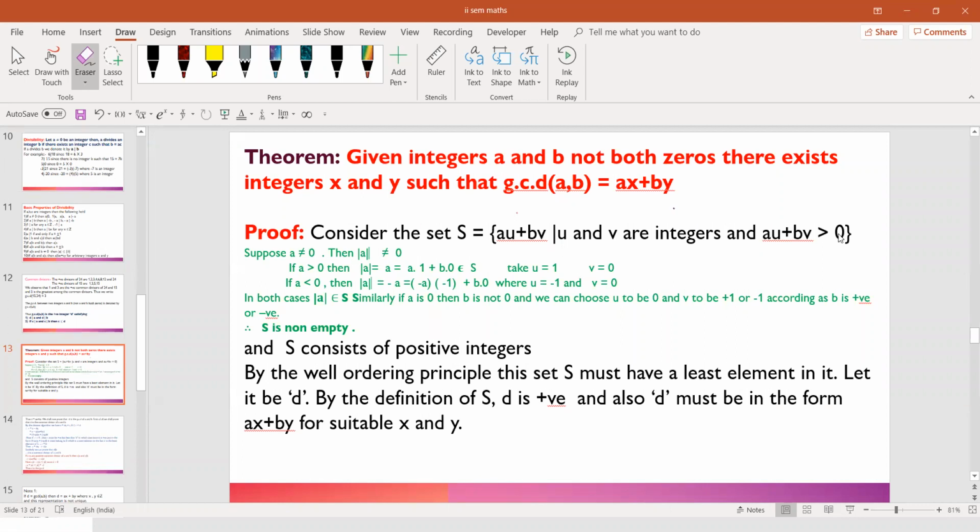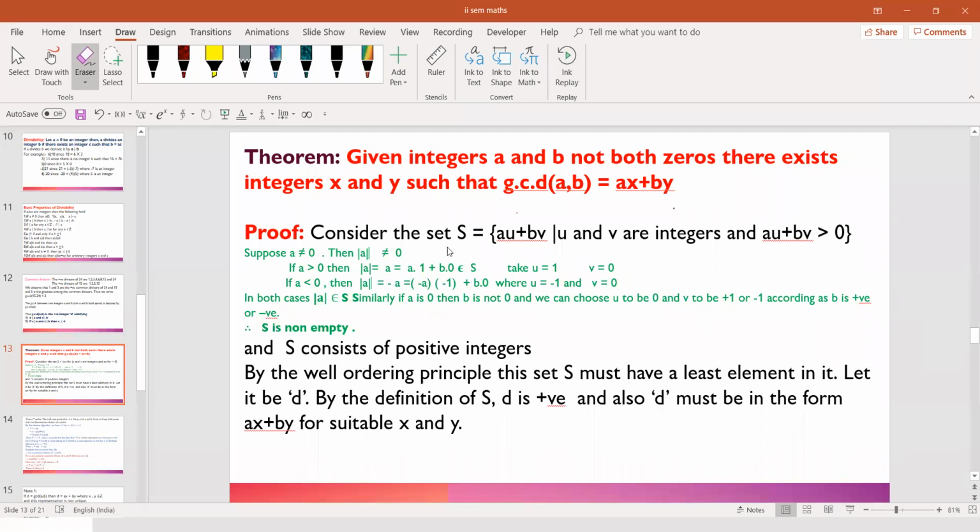I already said what the well ordering principle is. The well ordering principle says every non-empty set of non-negative integers, or every set of positive integers, contains a least element. So now I take this set and I will prove it is non-empty.